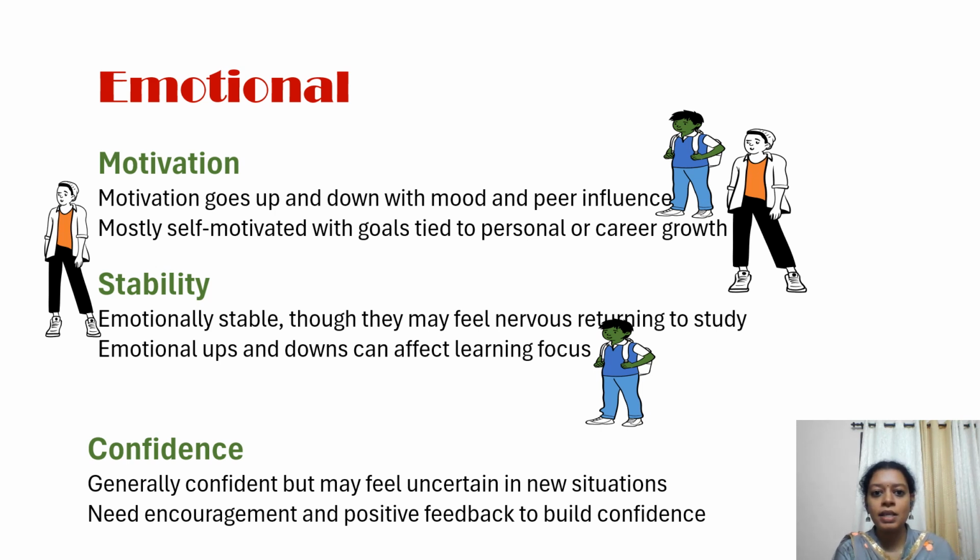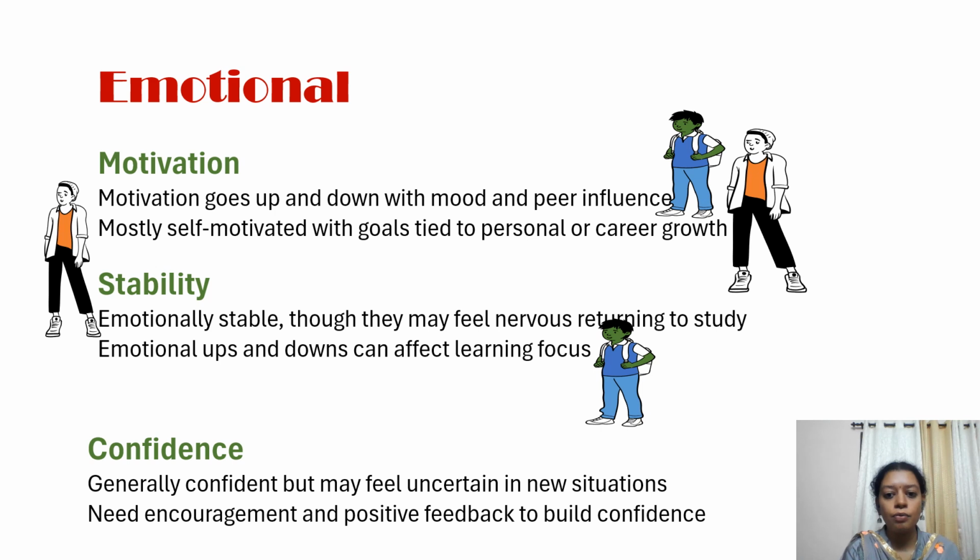So adolescents experience emotional ups and downs that can impact their focus on learning. So their mood changes may make it harder to stay consistent. And adults are generally more emotionally stable, which helps them focus. However, they might feel a bit nervous if they are returning to study after a break and all. So that is about adult learners in stability.